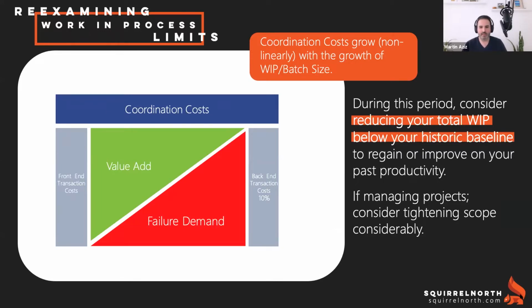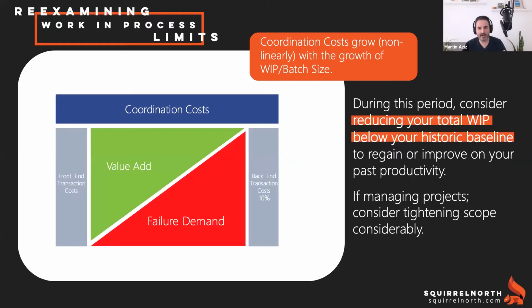So one of the things that we have noticed in terms of how coordination costs grow is that it tends to grow as WIP grows. And the interesting thing here is it grows non-linearly, which means that as you grow WIP, your work in process, or your batch size, your coordination cost actually grows at a faster rate. So it's growing faster than the value add section.